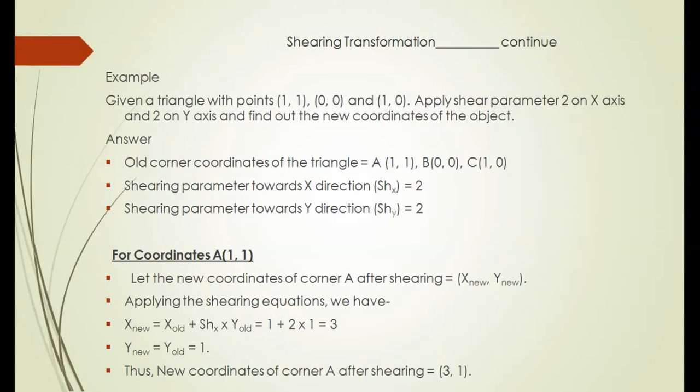Applying the shearing equation, x dash is equal to x old plus shx into y old, which is 1 plus 2 into 1, so the answer is 3. And y dash is equal to y old, that is 1. The new coordinate x dash, y dash is (3, 1).